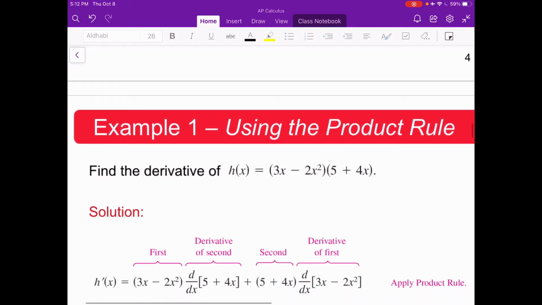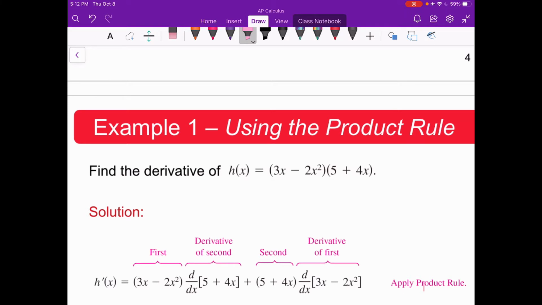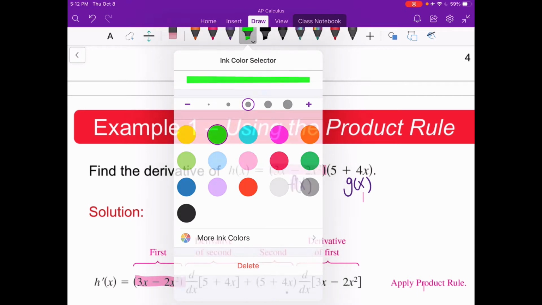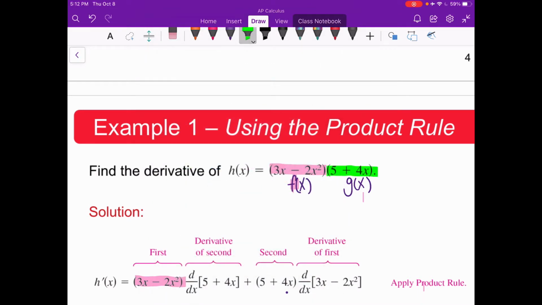We separate our two functions. You can label them as, let's say, f of x and g of x. And just like it was written above, you take the first function as it is, and multiply it by the derivative of the second function, so the derivative of 5 plus 4x.